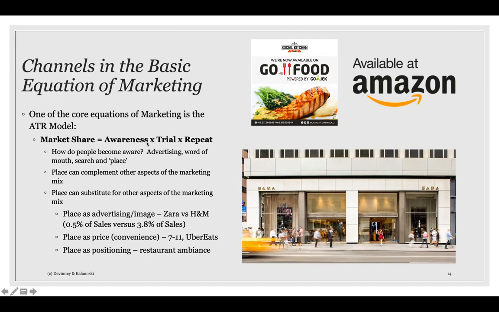You've got to have a means by which they can get the product and get the product again. You could have as much awareness as you want, but if people can't get access to the product and they don't want to use it again, then your market share is going to be poor. Ditto the reverse. If people aren't aware you're there, what's the likelihood they can try and repeat? And the answer is that's small.